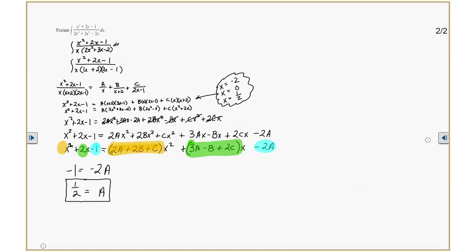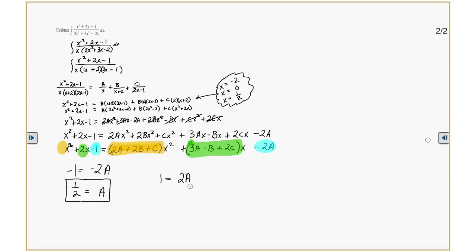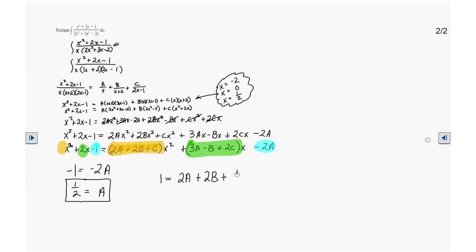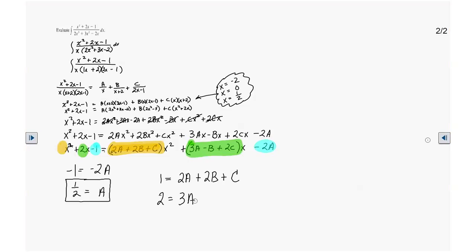So now, I'm going to go ahead and write 1 is equal to 2a plus 2b plus c, and 2 is equal to 3a minus b plus 2c.